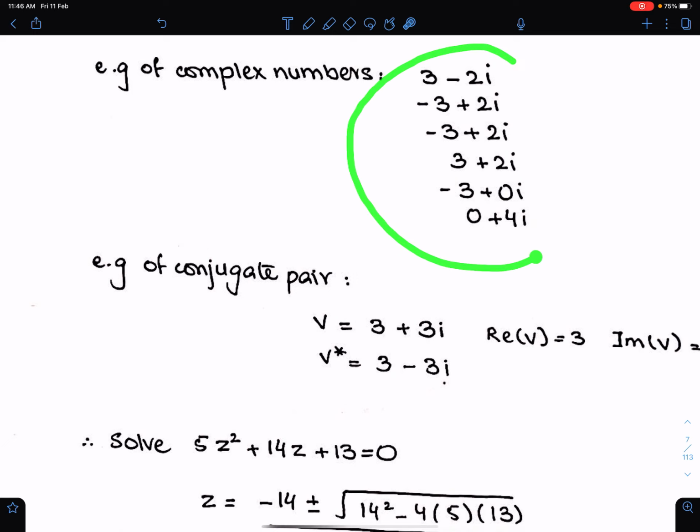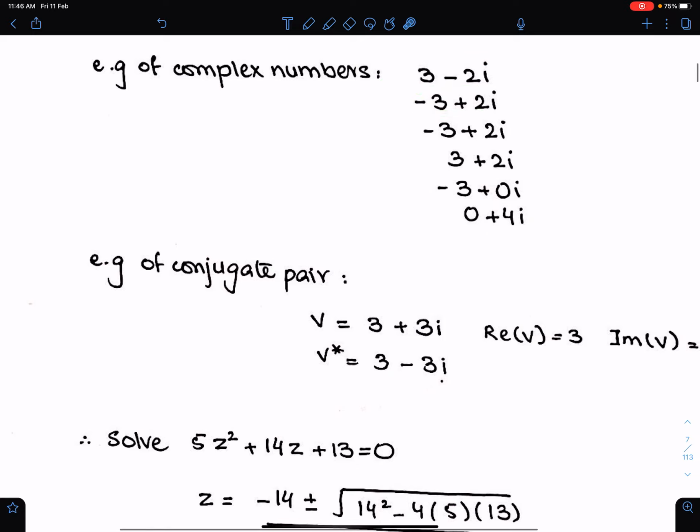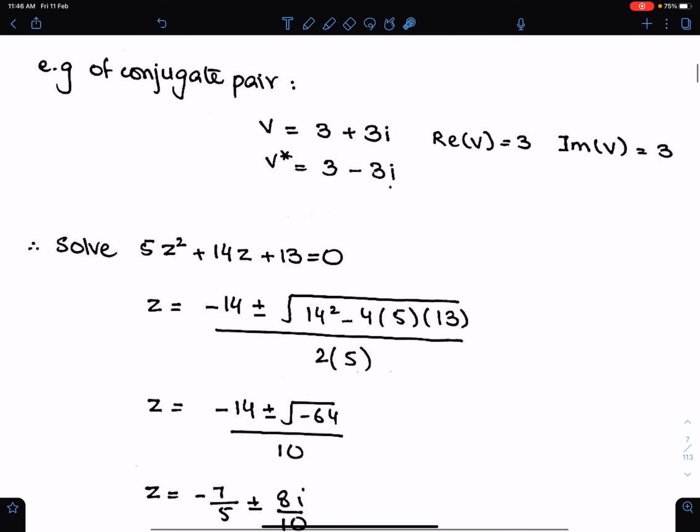These are few examples of complex numbers. 3 minus 2i, minus 3 plus 2i. Well, if this is the complex number v, then its conjugate should be 3 minus 3i, v star. And the real part of this v is 3, whereas its imaginary part is 3.